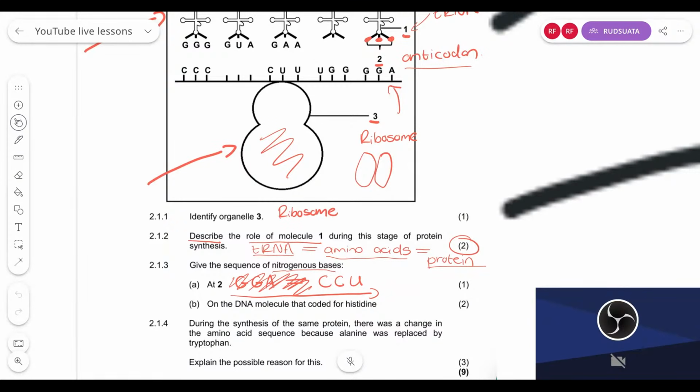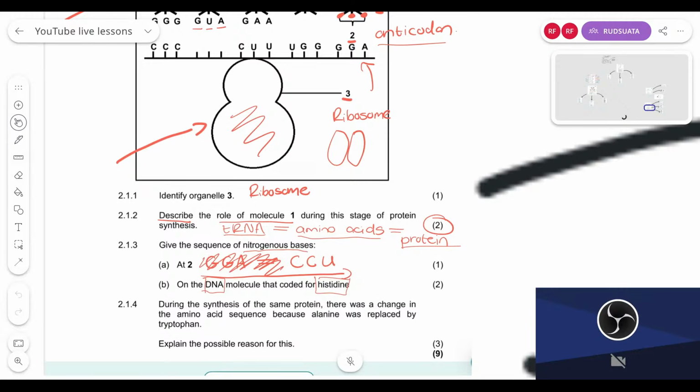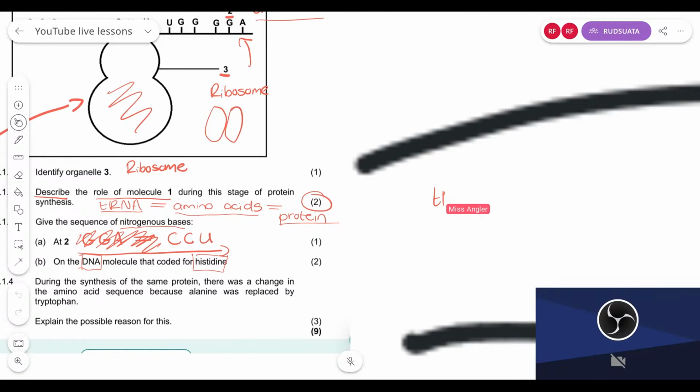Lastly, it says, give the sequence of nitrogenous bases on the DNA molecule that codes for histidine. So we have to go back and look at our picture. Here is histidine. Histidine has GUA. Now I'm going to take you on a little journey here. Because if the tRNA is, what was it again?